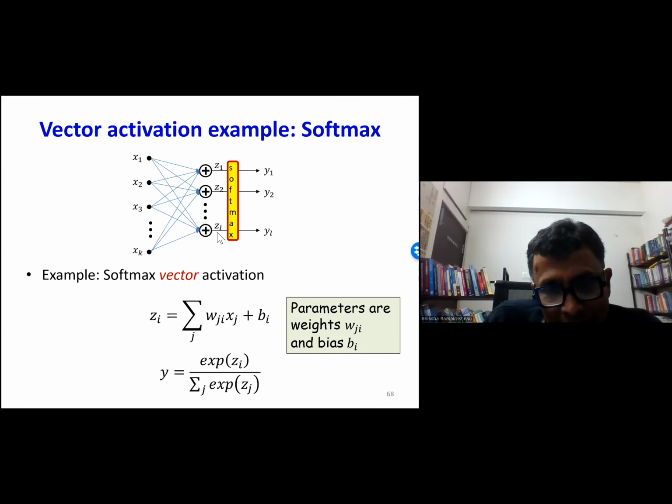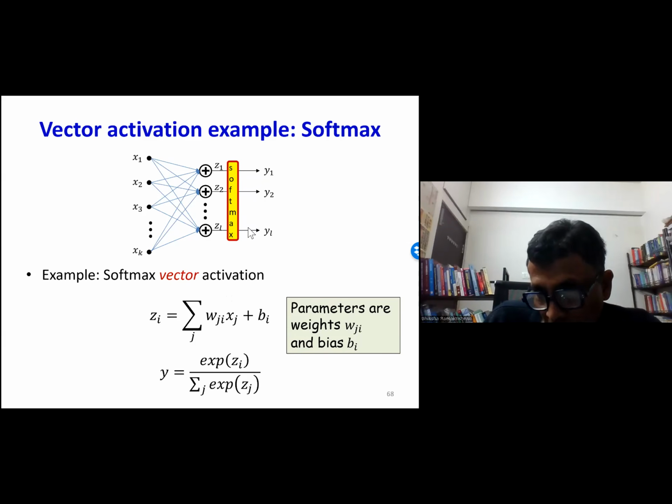So see what happens over here. If I increment this guy, this output will increase. But because they've been normalized and they must sum to 1, what must happen to all of these? They will decrease, right? So I cannot just look at this local operation. I have to think of the entire thing as a whole.